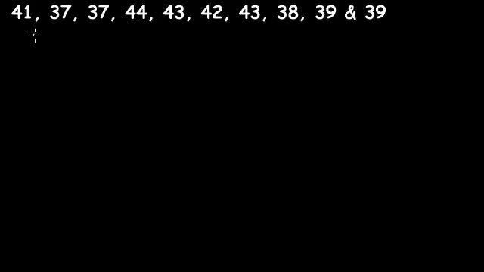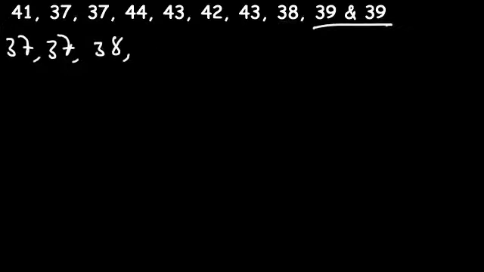So let's arrange them. What is the least number here? That's simply 37, so we have two 37s. After 37, we have just one 38. After that, we got two 39s.